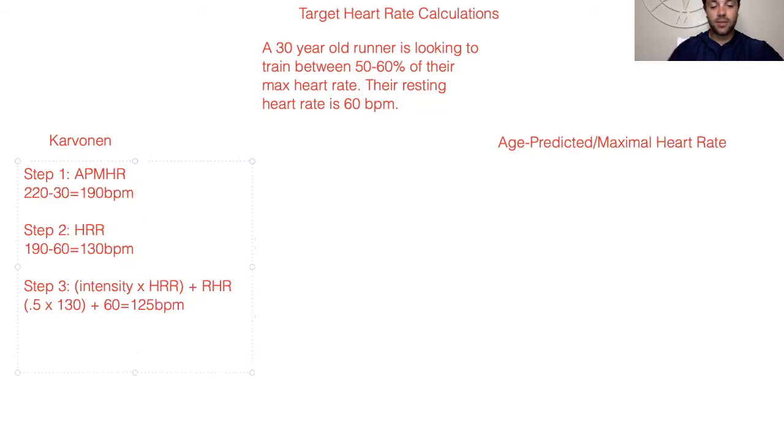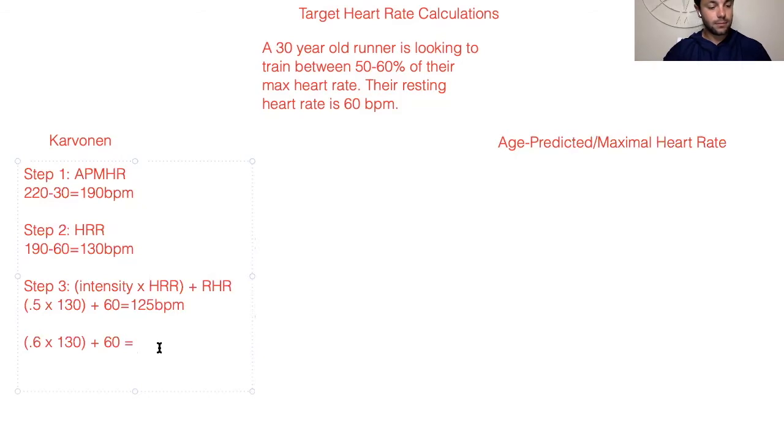Then we're going to do the same thing, but with 0.6, so 0.6 times 130 plus 60. We got 0.6 times 130 equaling 78 plus 60.